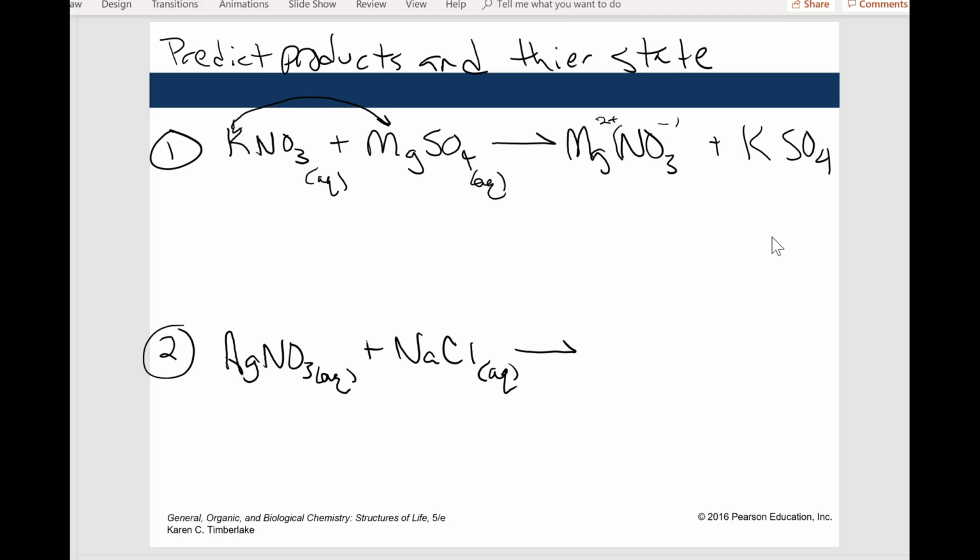And so bringing down and across, we need 2 nitrates and 1 magnesium. What's the charge on potassium? +1. Charge on sulfate? -2. So how many potassiums do we need? And that's going to be a subscript, not a coefficient.